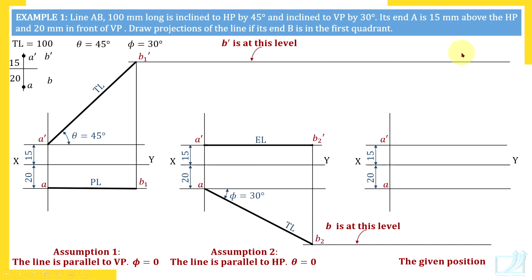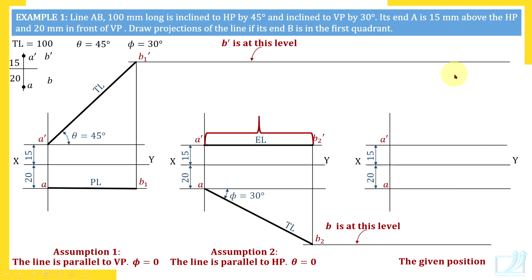So here it is B dash, and also length A dash B dash we know. What do you mean by A dash B dash? Front view of the line, and length of the front view is here. EL means length of front view. Take this distance in compass, EL means elevation length, means front view length, and from A dash, B dash is on this line.